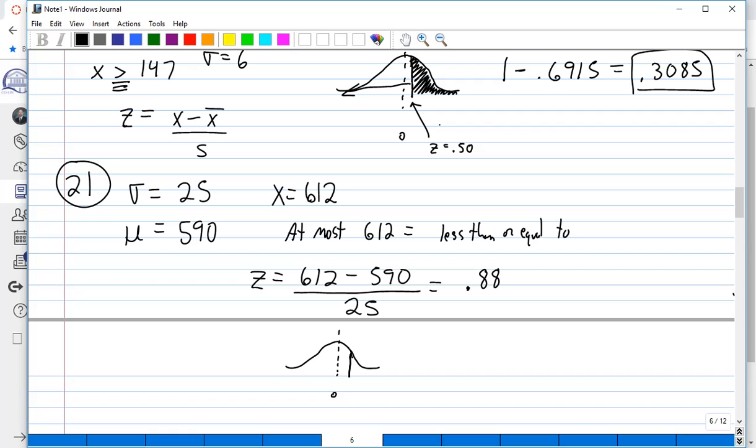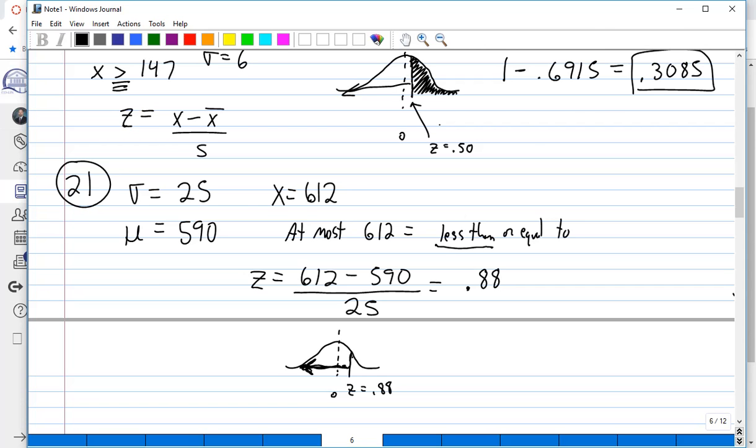Somewhere under this curve over here, I have a z equal to 0.88. Now the problem, the at most, remember, means less than or equal to. Less than means to the left of that. To the left. Well, luckily, that's the way that our tables are. Our tables give us the area to the left of the z-score.